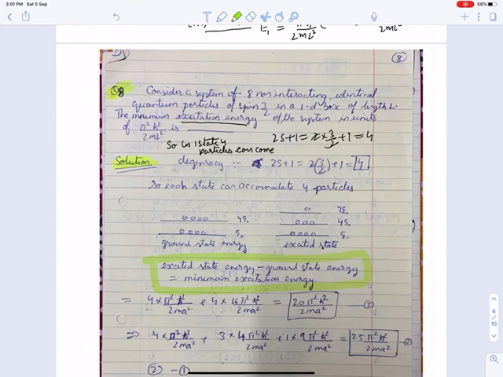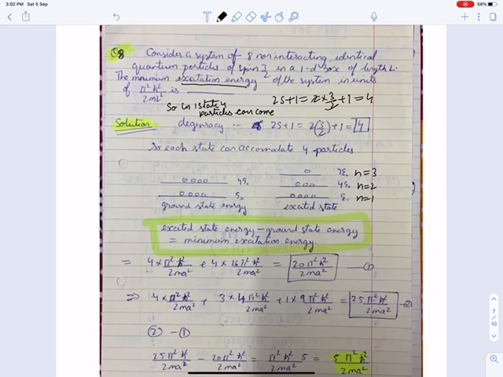Now in the excited state, obviously one particle will jump to a higher state, so if we go to n equal to 3, it will become n equal to 3, n equal to 2, n equal to 1. So you will calculate the ground state and excited state. This is the ground state, 20 pi square h cut square upon 2 m L square.